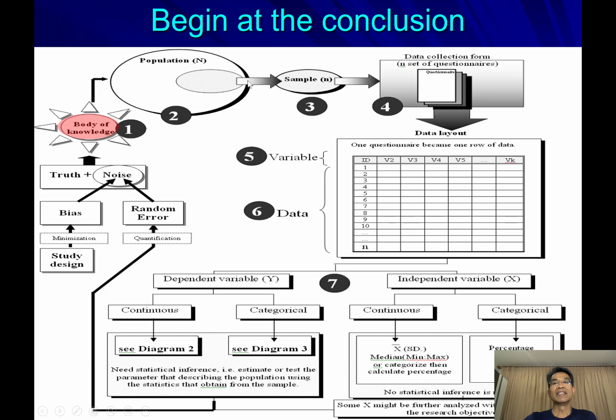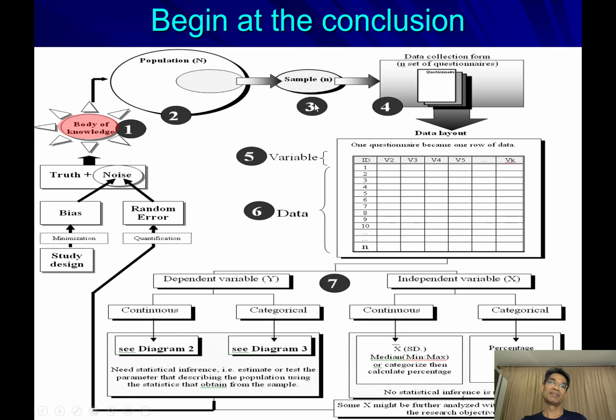So this arrow is the sampling method or sample selection to get the sample, and how large the sample is, in statistics, is called sample size estimation or sample size calculation.